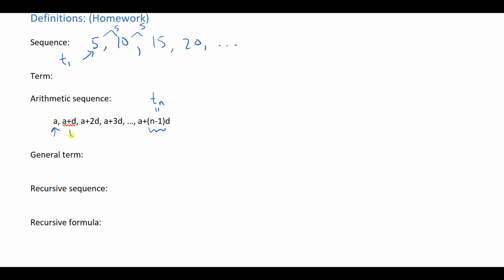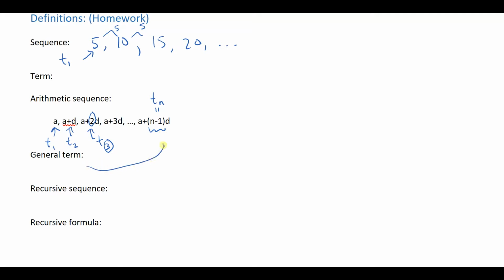It's only starting at our second term, t2, that it's adding a d. And our next one, t3, has two d's added to it. So the number multiplying the d is always one less than the term number. That's why by the end, tn is going to have a plus n minus 1.